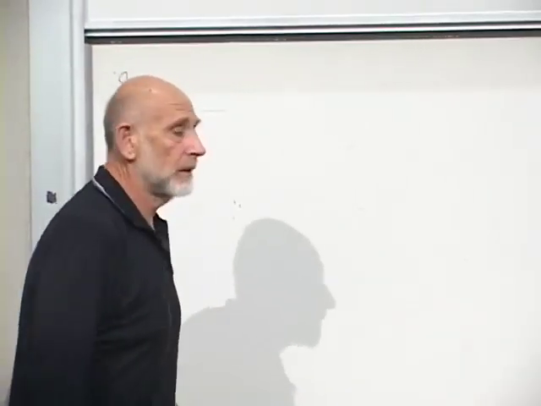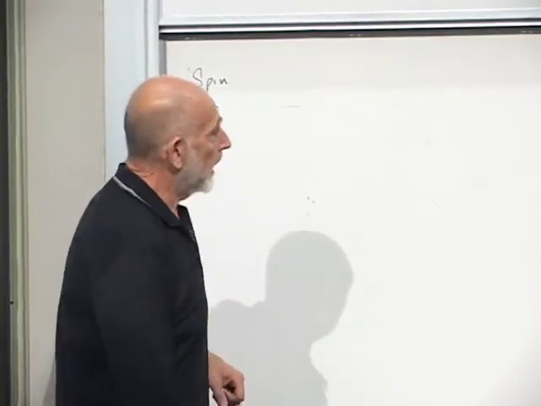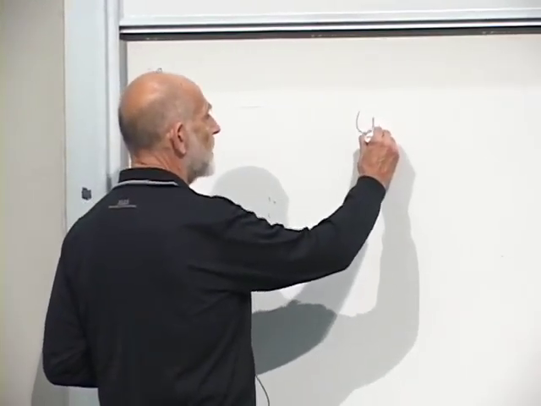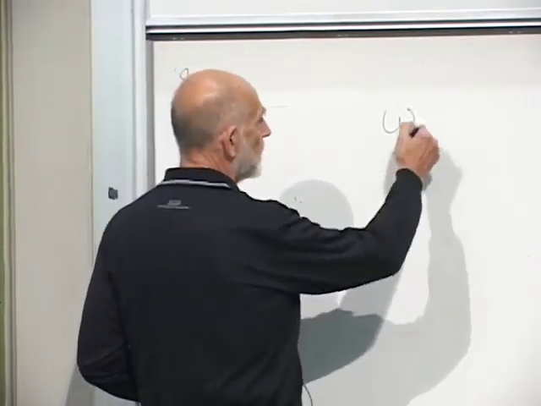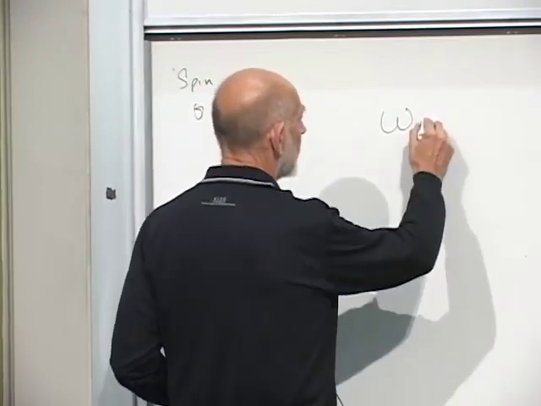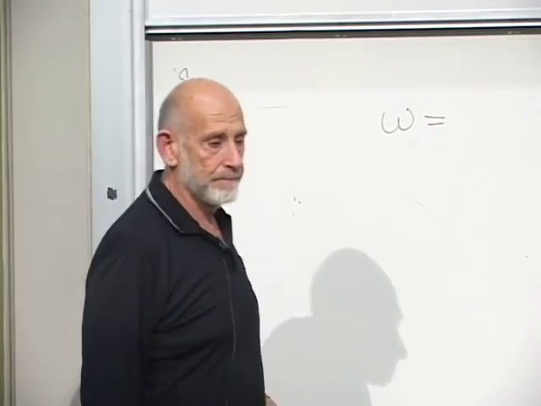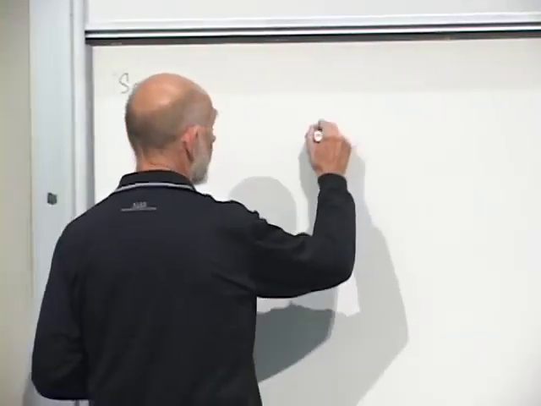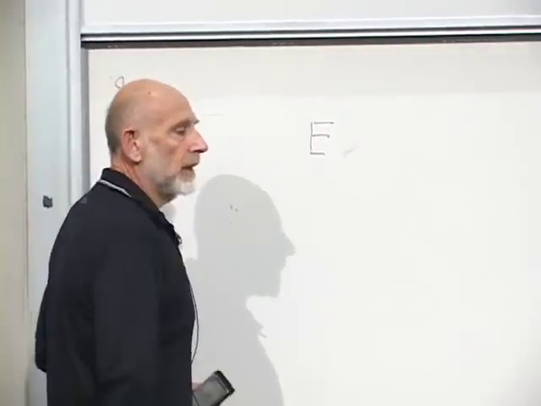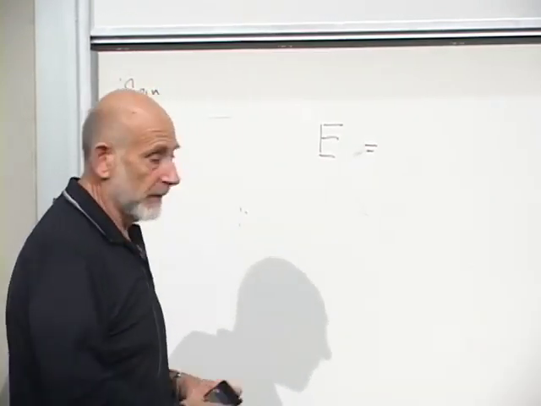The important quantity of interest for the moment now is the frequency of a wave versus its wave number. What is the frequency of a wave, which is of course equivalent to the energy of an object? Apart from a factor of h bar, it's the same as the energy as a function of the momentum.